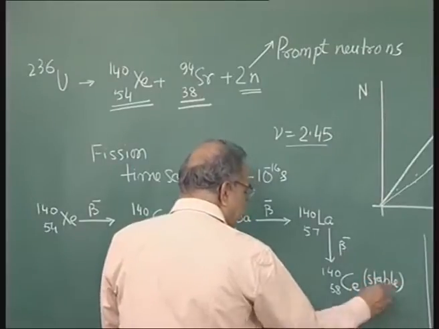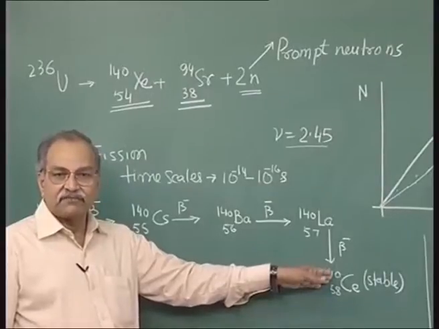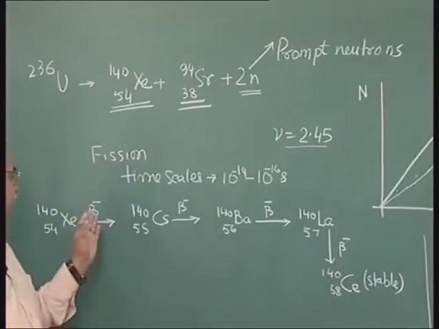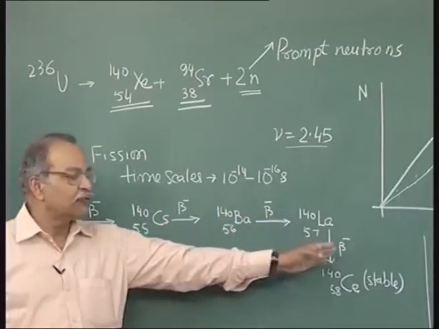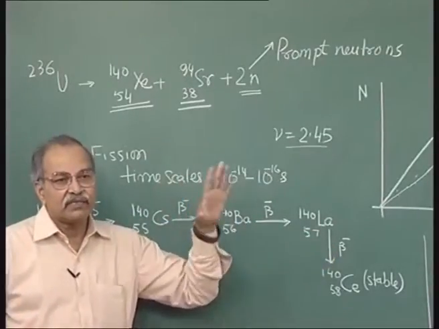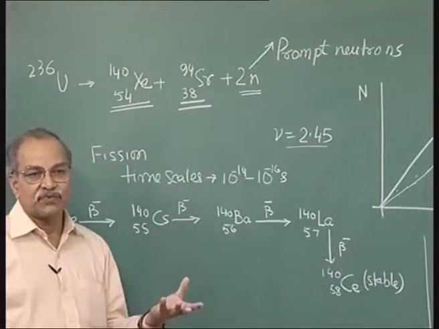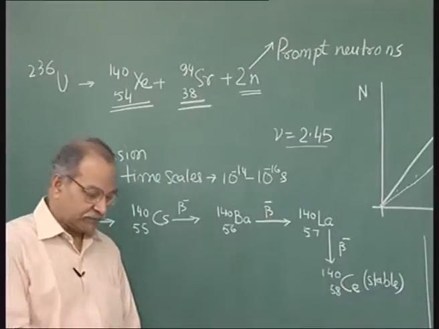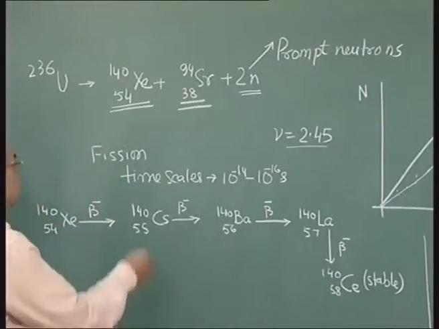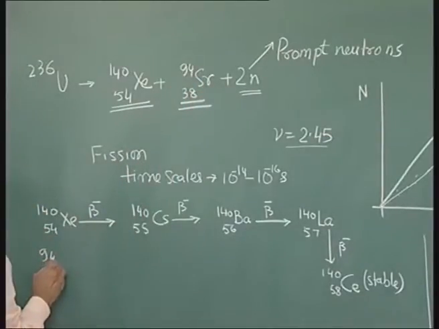So, now the N by Z ratio has come to that valley of stability. You have one beta decay here, another beta decay here, a third beta decay and a 4th beta decay. 4 beta particles are emitted, 4 neutrons are converted into protons one by one, and then you get this stable final thing. The other element here, 94 strontium, that is also radioactive.